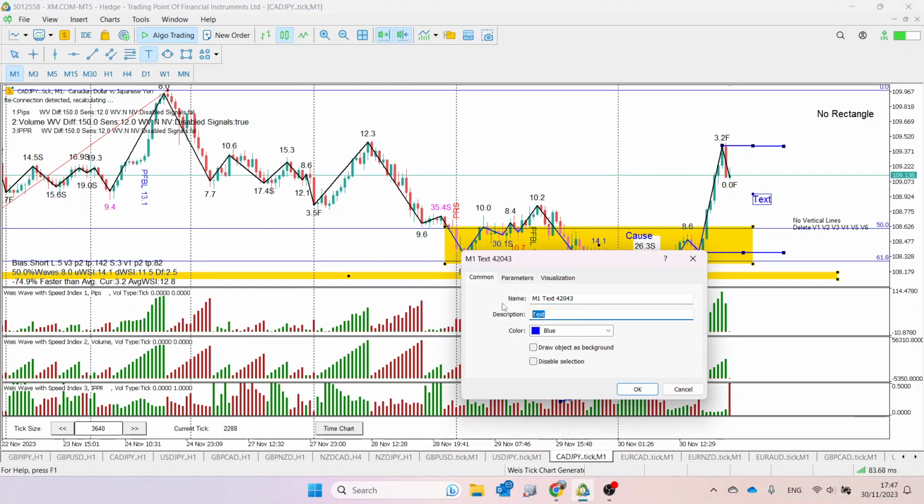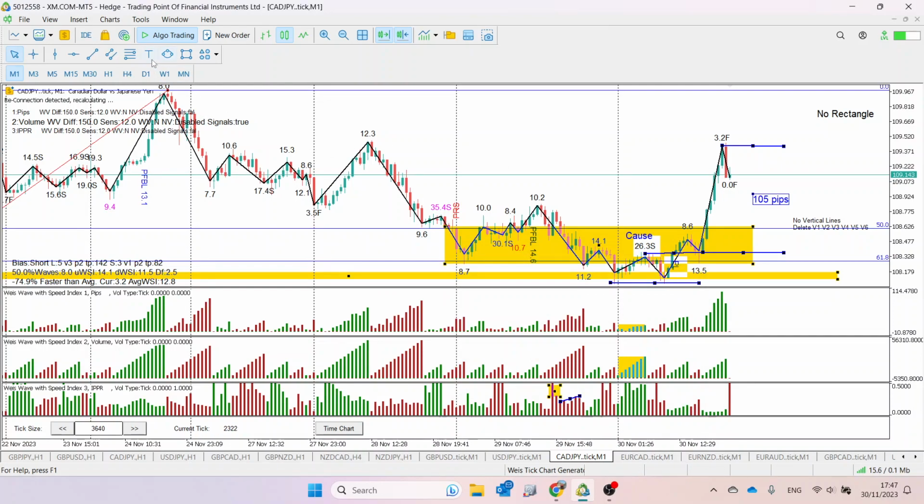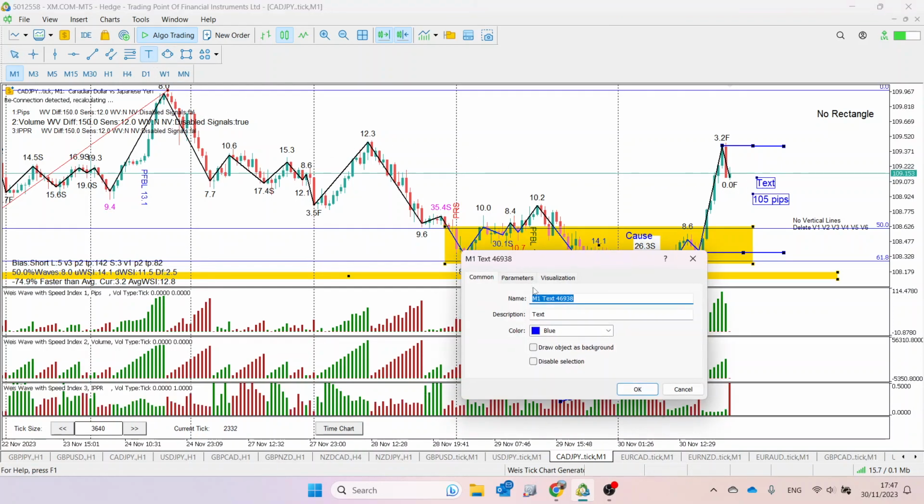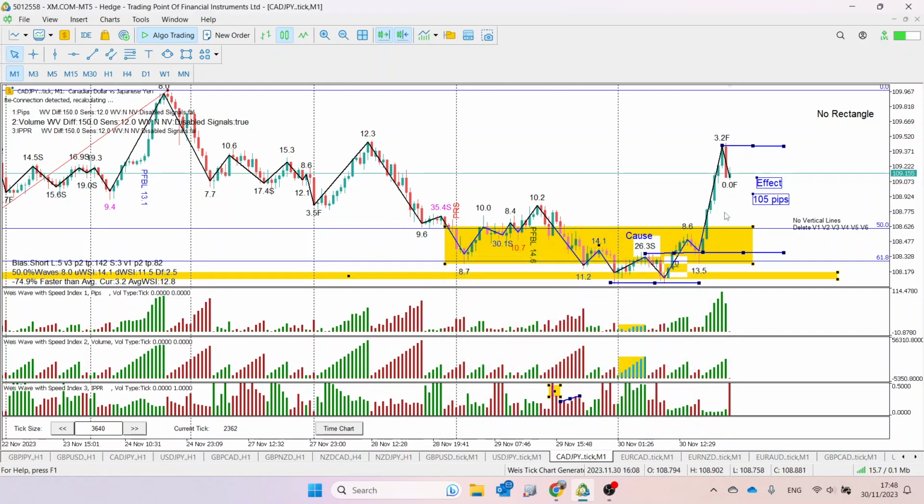So that move was justified, 105 pips, and this is your effect. That's Wyckoff law in numbers. Speed index is able to find it out, and Plutus is able to give the proper signal. You just have to be able to read the chart.